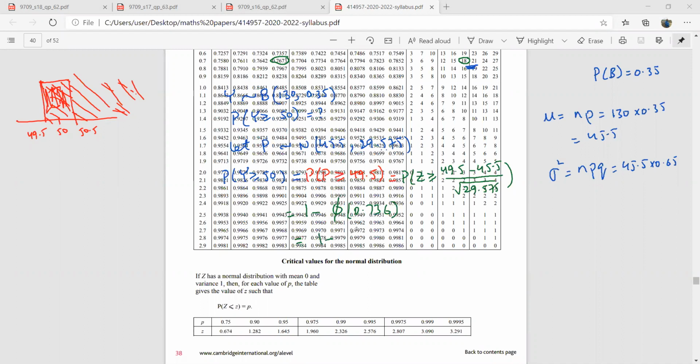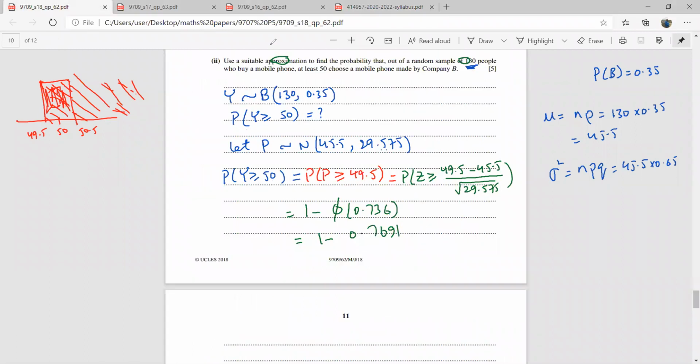So it is 1 minus 0.7691. I go back to the paper. This is going to be the result here. It says 1 minus 0.7691, and this gives us 0.2309, and correct to three significant figures this is 0.231. So this was a question of 5 marks, guys.